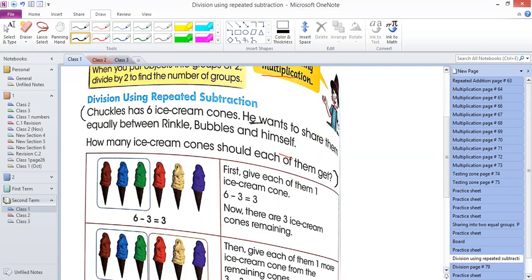He wants to share them equally between Wrinkle, Bubbles, and himself.